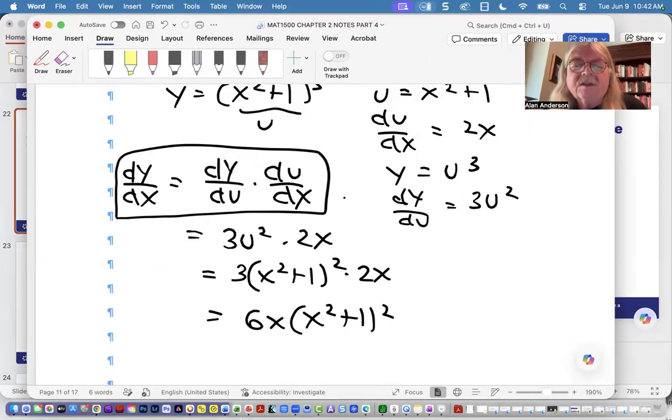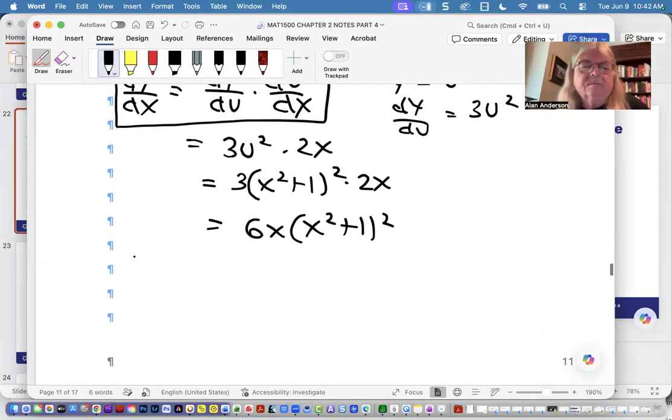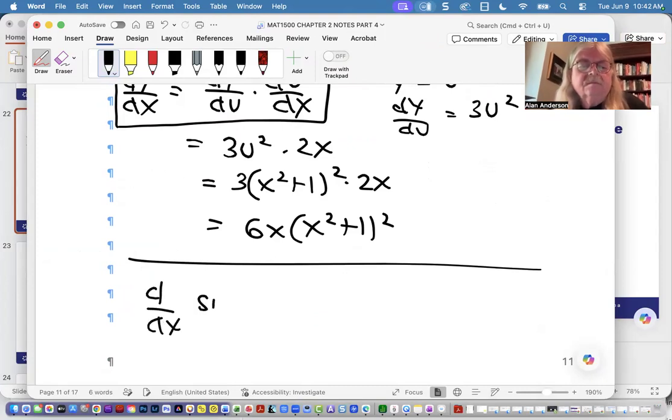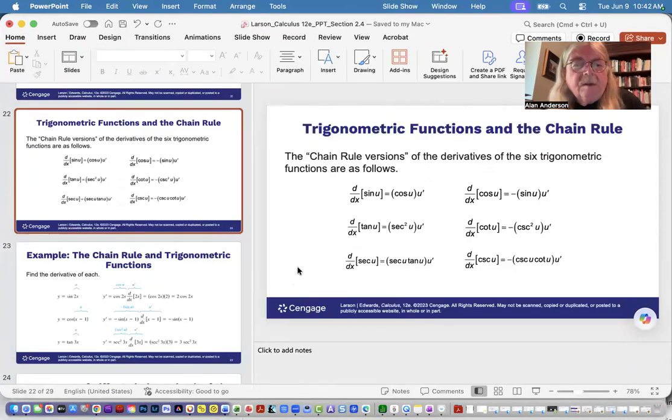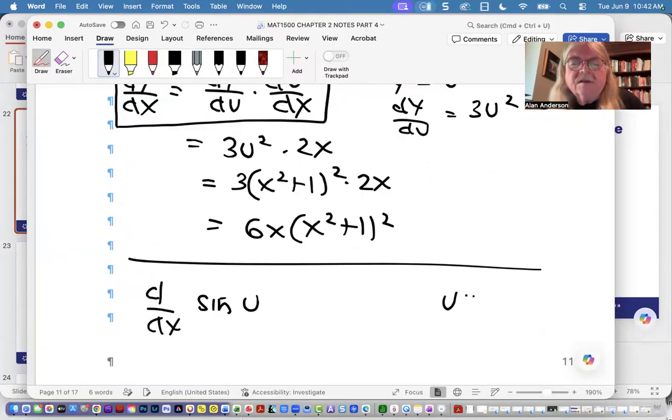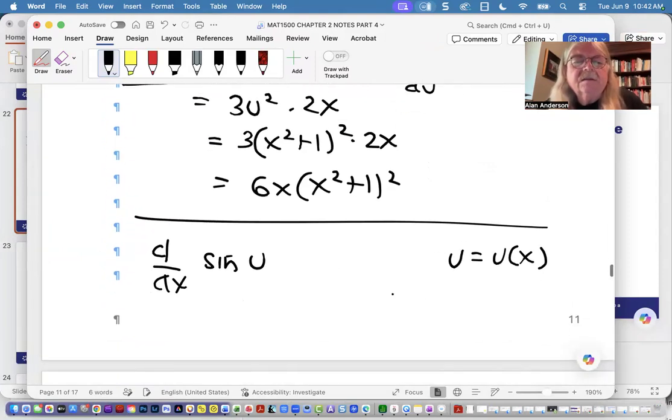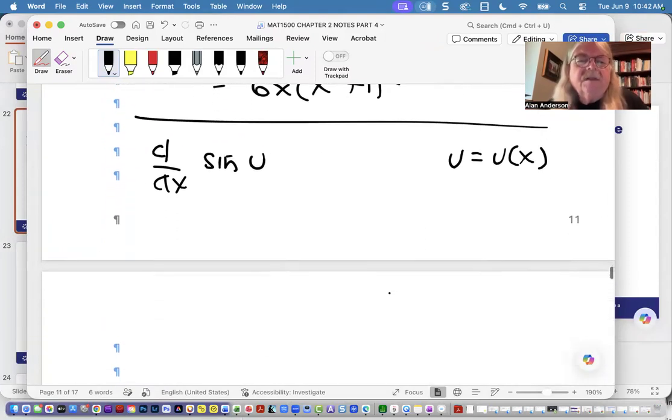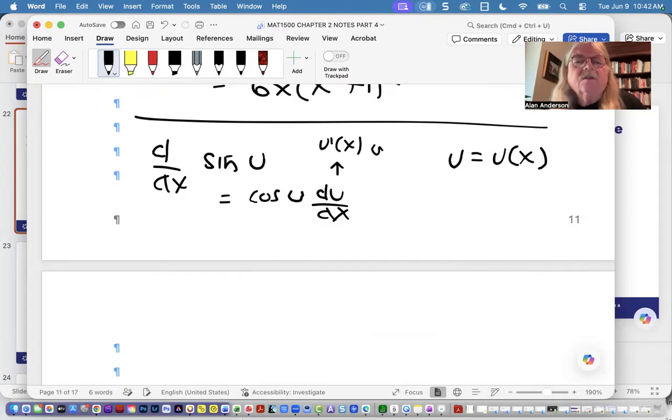So for example, remember, u itself is a function of x. And you could also replace this with u prime of x or just u prime, depending on your preference.